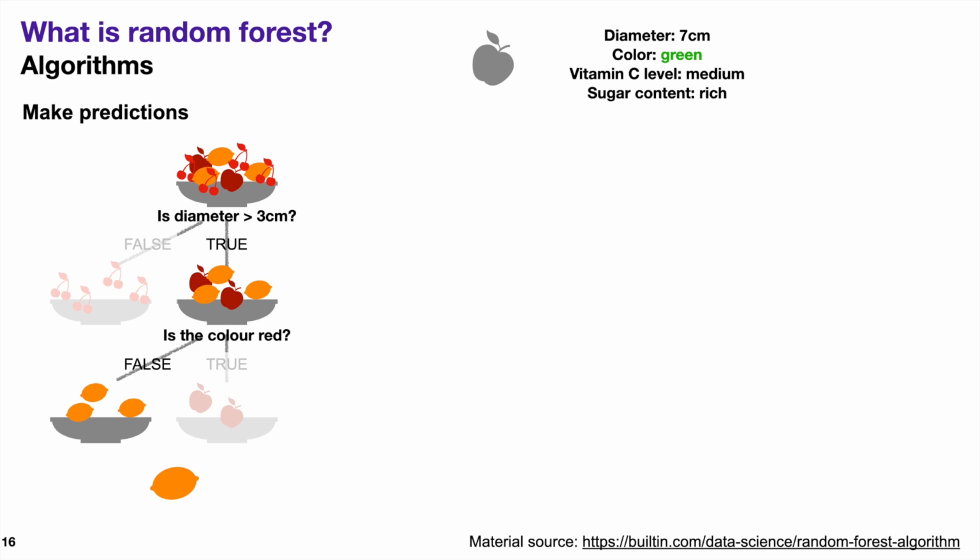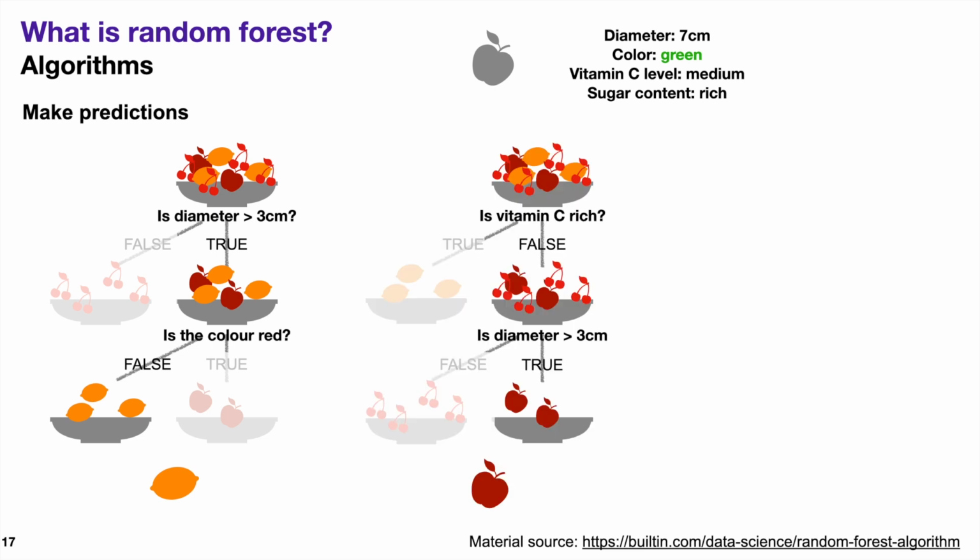As we can see from this slide, the first decision tree tells us that such an observation should be a lemon because its diameter is larger than 3 centimeters and its color is not red. However, our second decision tree tells us that this observation should be an apple because it does not have a very high vitamin C content, and at the same time its diameter is larger than 3 centimeters.